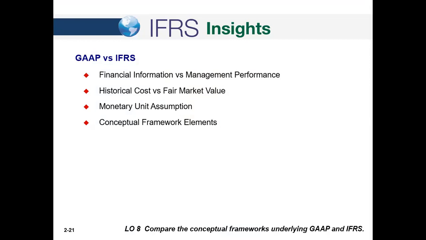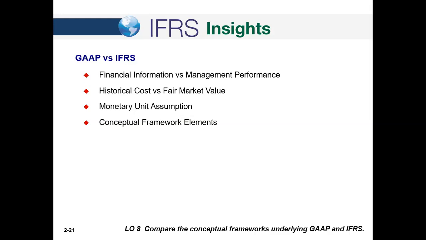Historical cost versus fair market value. Although GAAP and IFRS are both increasing the use of fair value to report assets, under IFRS fair value is used more often. So again, in GAAP, especially when we think about fixed assets, property, plant, and equipment, we would use the historical cost to value those things.